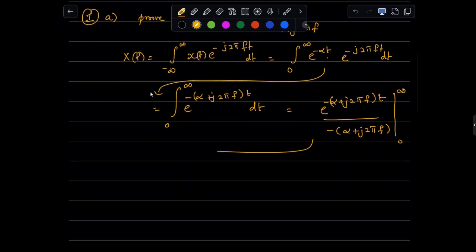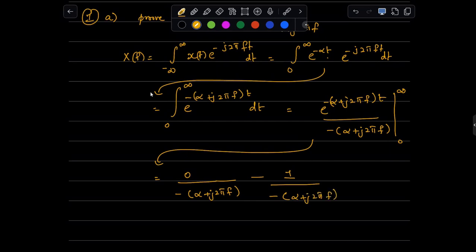Now if I put the limit, what will happen? If I put infinity, it becomes e power minus infinity, that is nothing but 0. So 0 divided by minus of alpha plus j2 pi f. Then minus, e power 0 is 1, so 1 over minus of alpha plus j2 pi f.